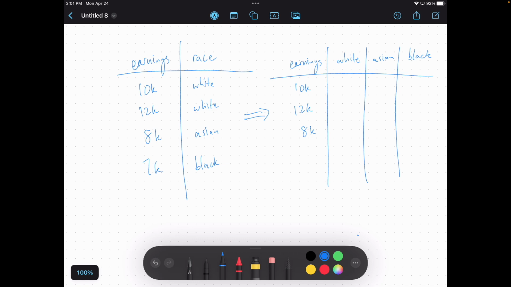But no, okay, I spoke too soon. That's right. This is essentially turning from long to wide. So this would be like this.